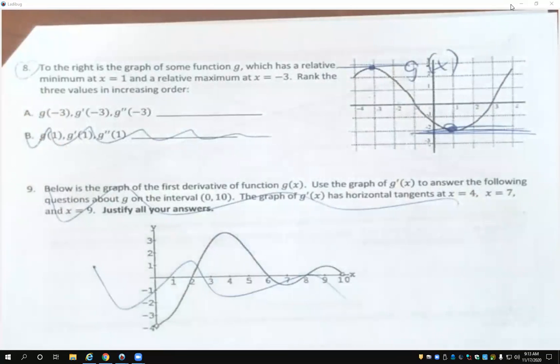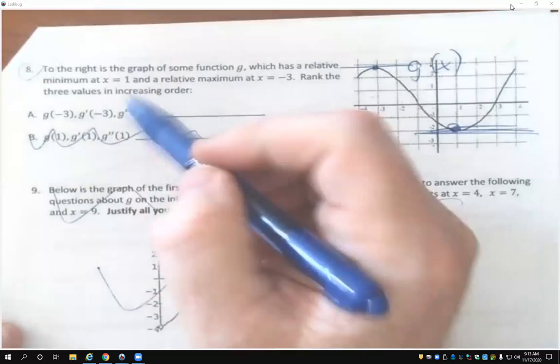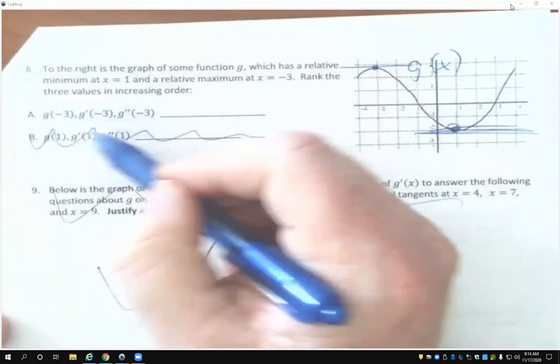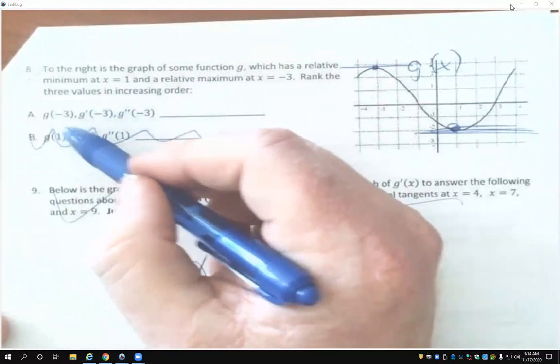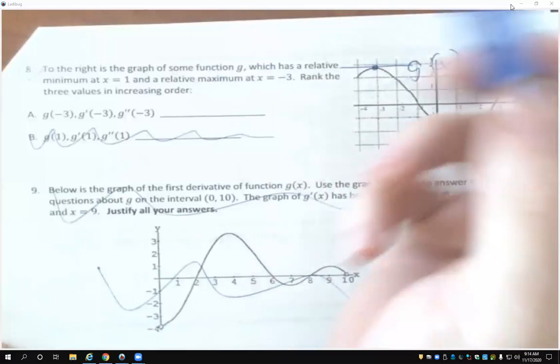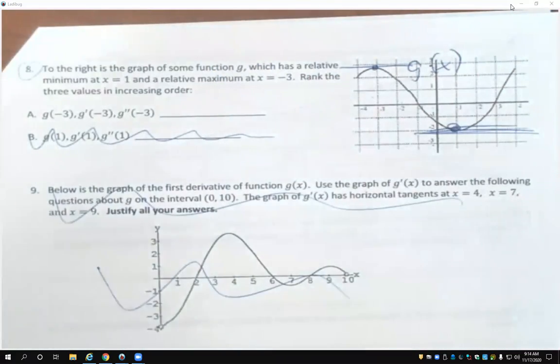G prime is a slope. G double prime is a slope, or it's talking about a concavity. We're not going to get specific values out of this. What we're looking for is one of these numbers is going to be 0. One of these numbers is going to be positive, and one's going to be negative. We can then rank the 3 in order.